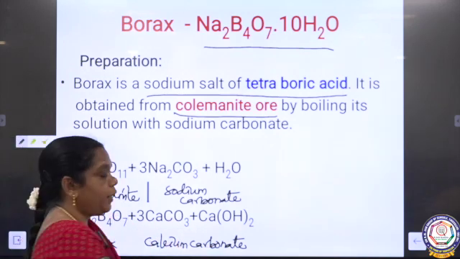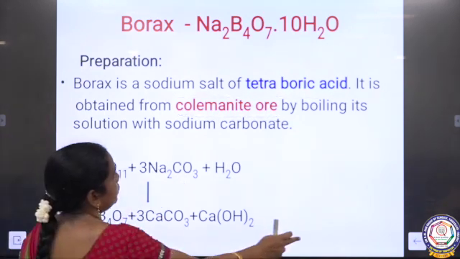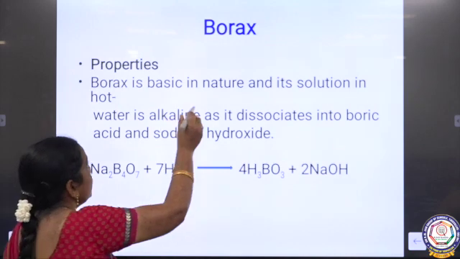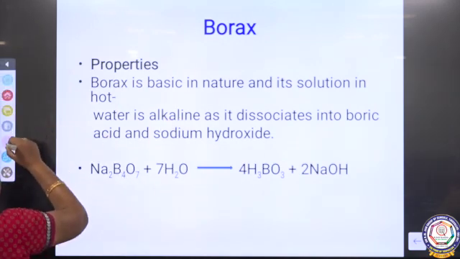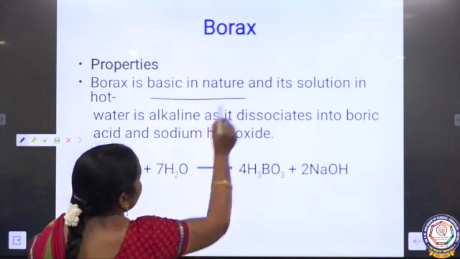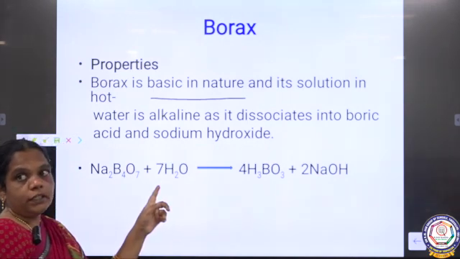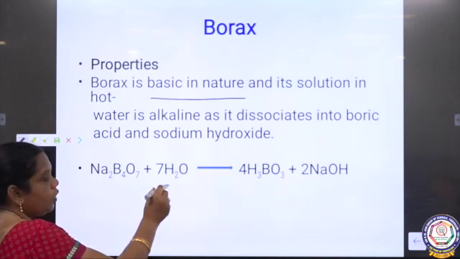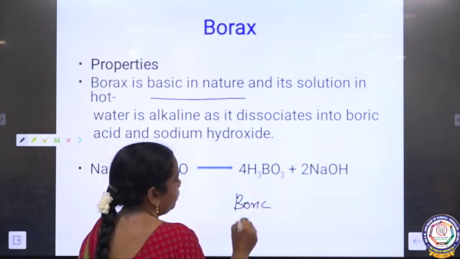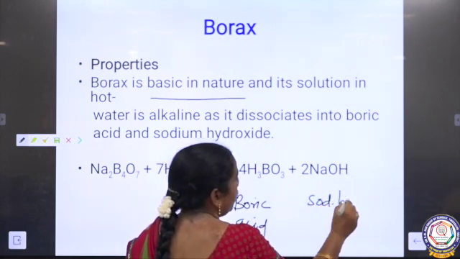Next, we are going to learn about the chemical properties and reactions of borax. Borax is basic in nature, and it can be dissolved in hot water to get boric acid and sodium hydroxide.